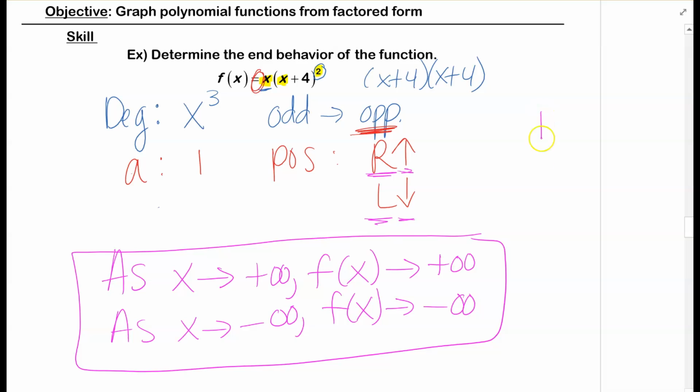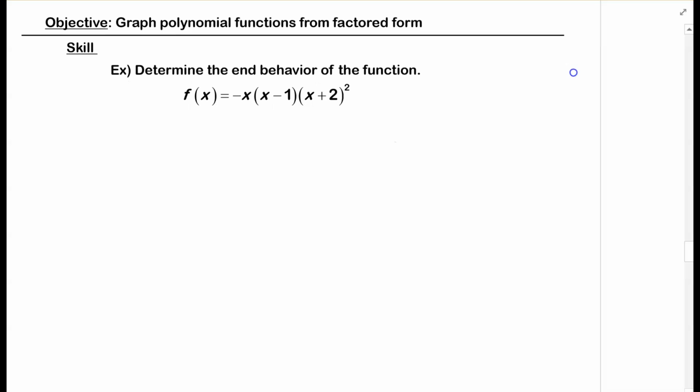So remember my little graph thing here that I write for you guys. The right side is positive, the left is negative, the up goes positive, and the down goes negative. So I'm just taking my right becomes positive, my up is positive, my left is negative, and my down is negative infinity. Okay? All right.